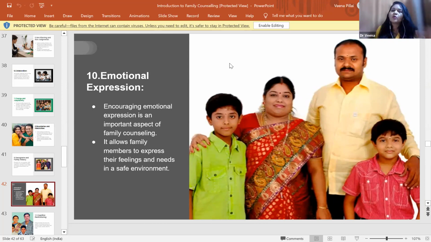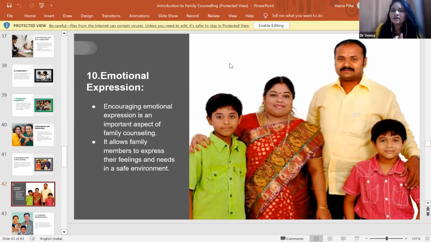It's not the four walls they have, but what is within the four walls that makes them feel safe and secure. So you feel yourself at home when you are able to put in your opinions, show your emotions, or be vulnerable and express your feelings. So emotional expression is very, very crucial for a person.